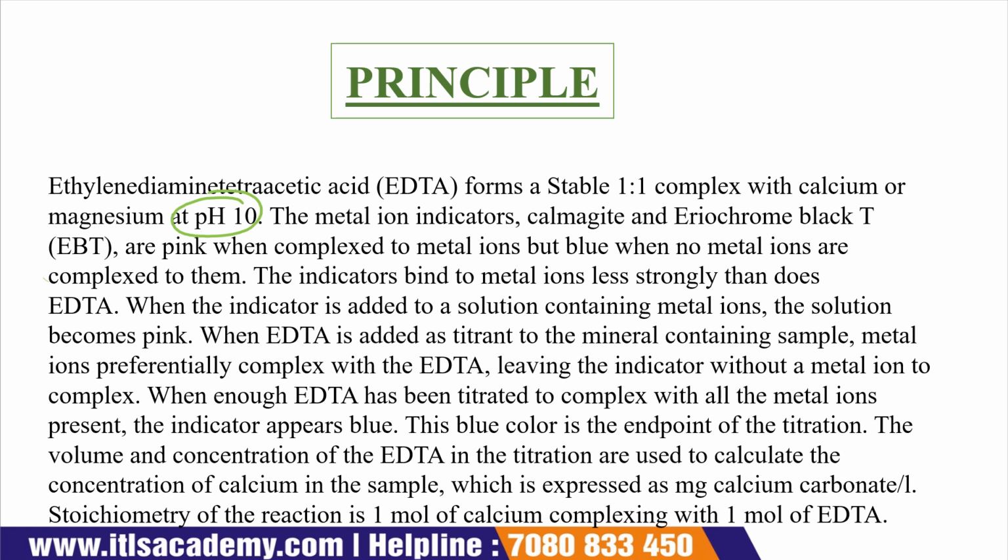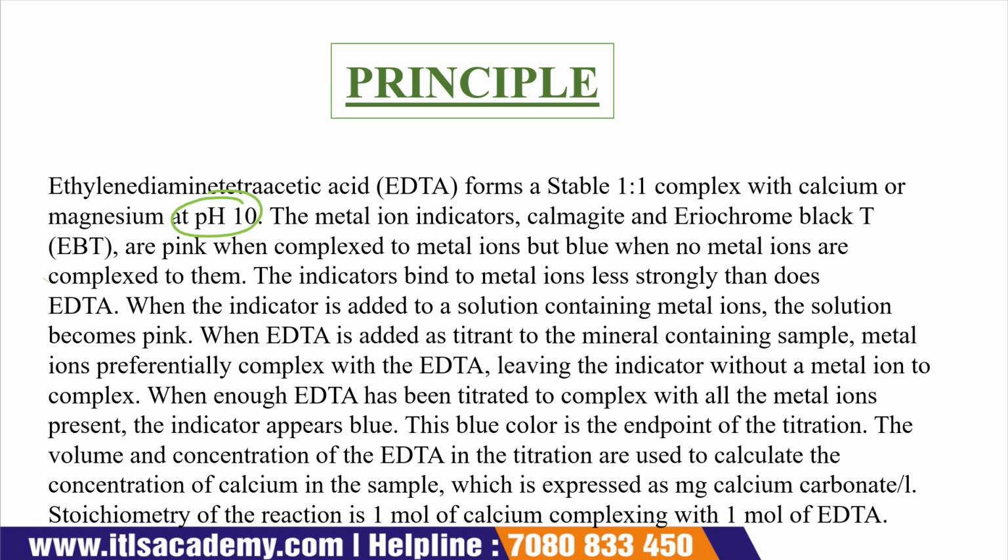If the metal ions are present, they form a complex with the indicator, Eriochrome Black T or Calmagite, and the solution is pink. But when metal ions are not present, it does not form any complex, and the color of the solution turns blue. These indicators also bind metal ions, but not as strongly as EDTA does.